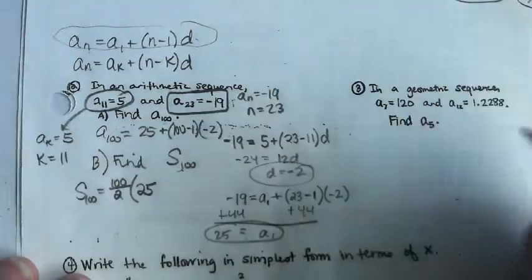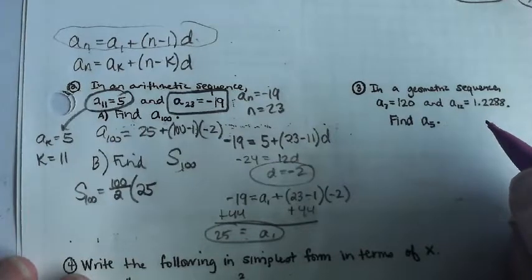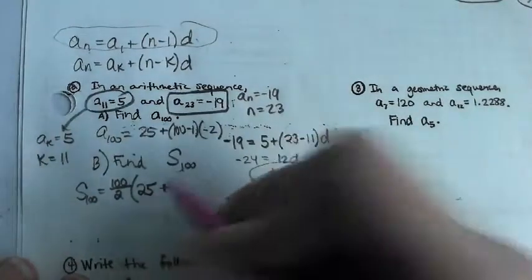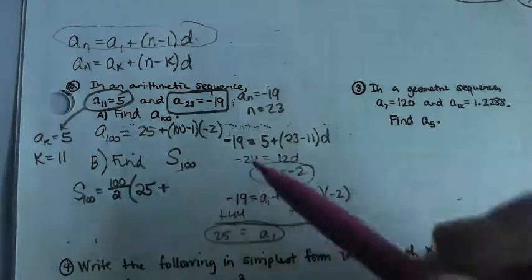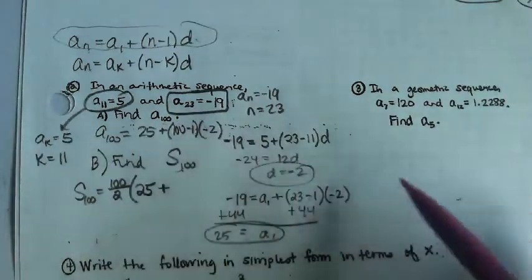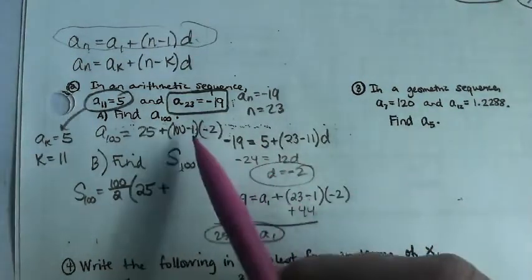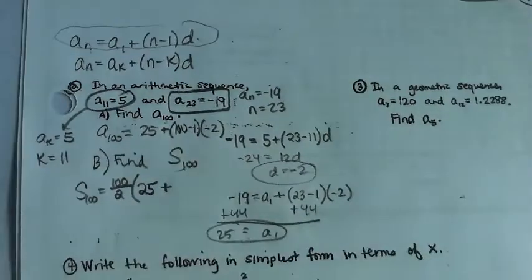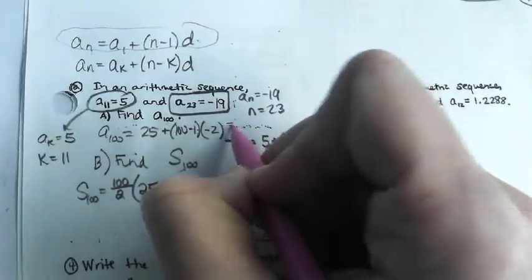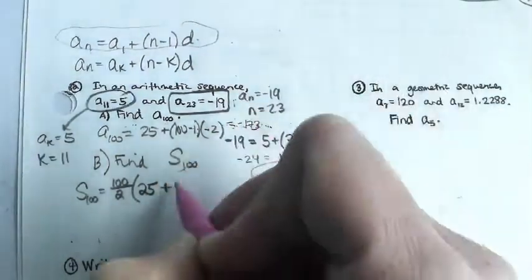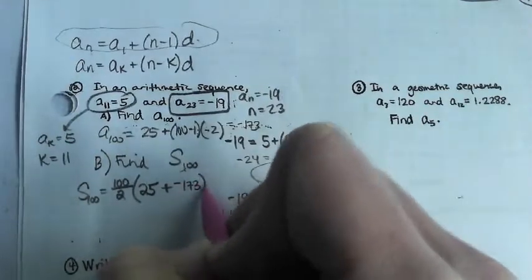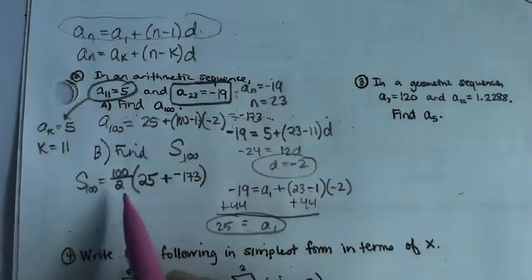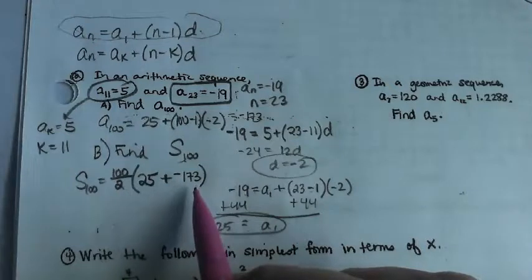See, we would have to find it eventually anyway, Nate. Plus A sub n. And I just, in part A, found the 100th term to be negative 173. So I need that 100th term in order to find the sum through 100 terms.